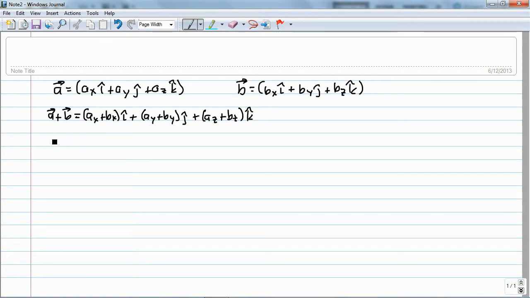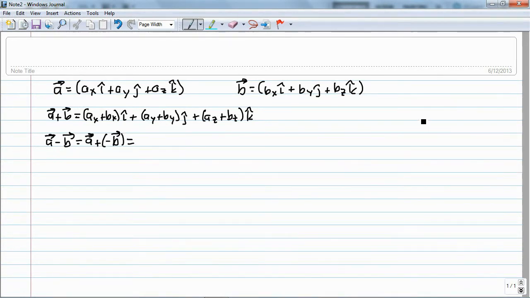For subtraction, well, we can write this as A vector plus the negative of the B vector. What do we mean by the negative of the B vector?